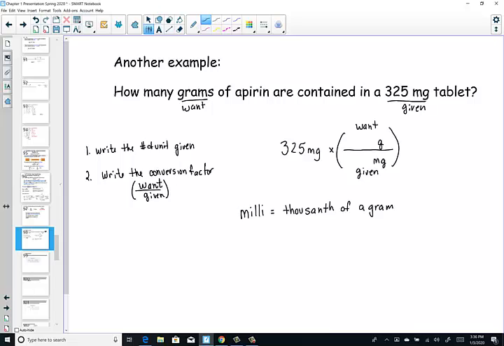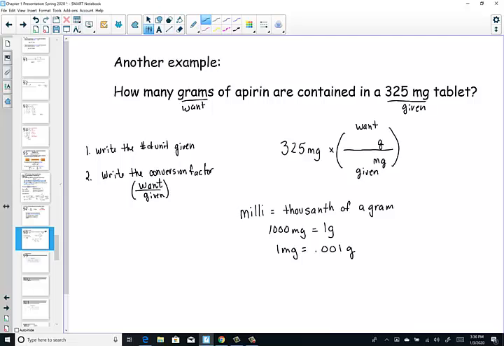You can think of it in either way, and both answers are absolutely perfect. It says 1,000 milligrams is equivalent to a gram. That's a true statement. Or you could say that 1 milligram is equivalent to 0.001 grams.